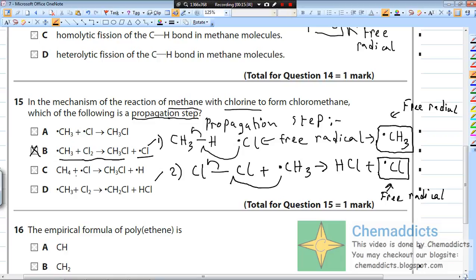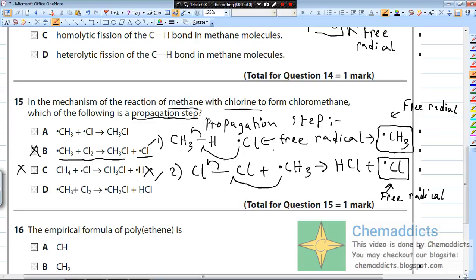Let's check. Here, this chlorine free radical attacks the methane molecule and forms a hydrogen free radical. So this is not the proper propagation step. Why? Because when a chlorine free radical attacks a methane molecule, it forms a CH3 free radical, but instead here a hydrogen free radical is formed, which is totally impossible.